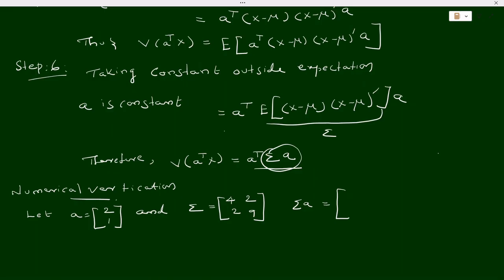So this part will be [4, 2; 2, 9] into (2, 1). The output will be 10 and 13.